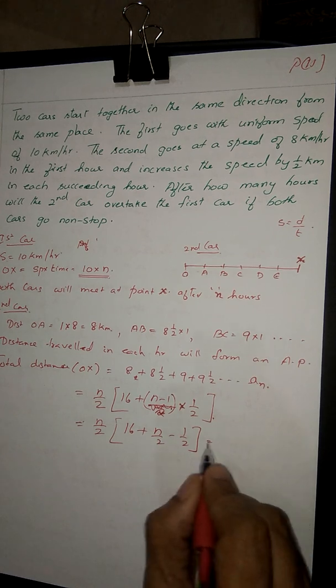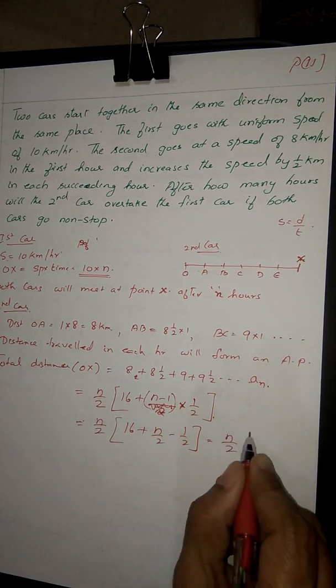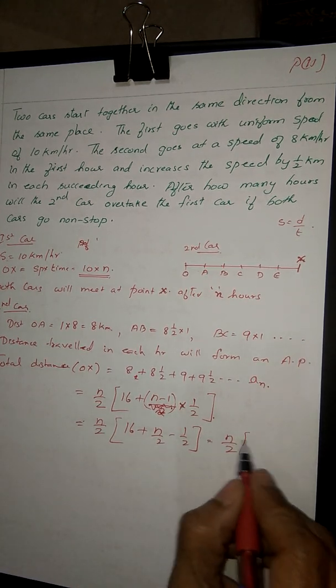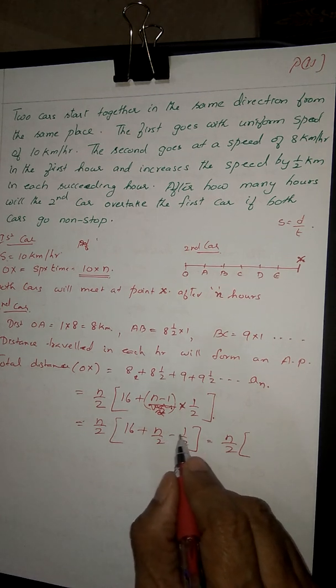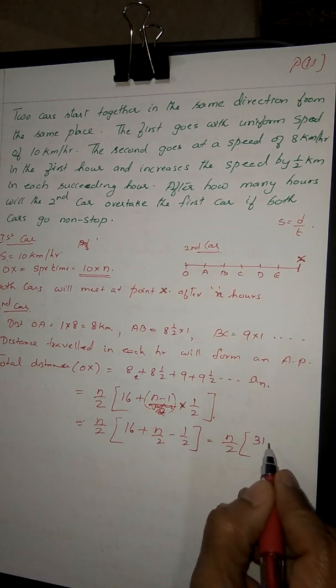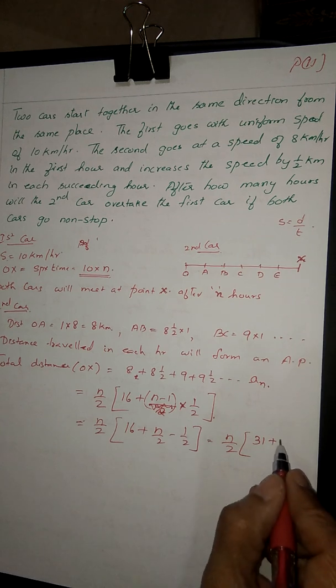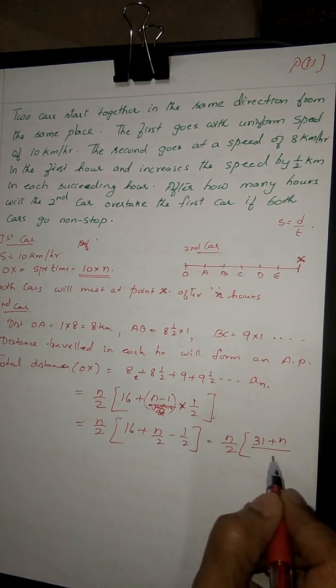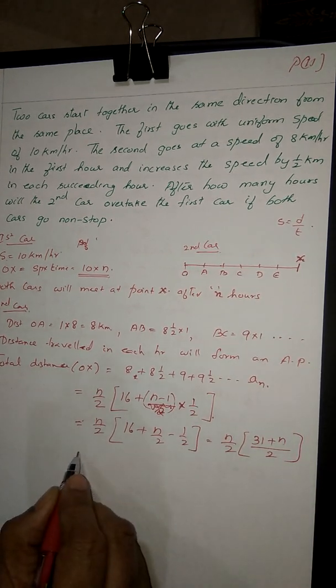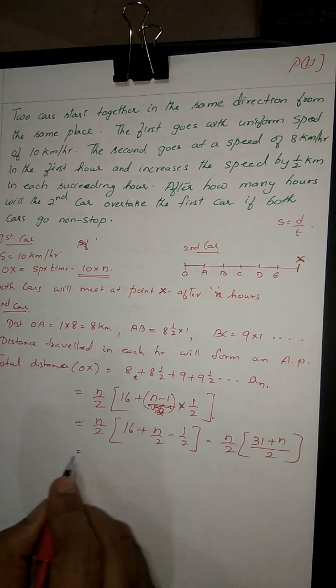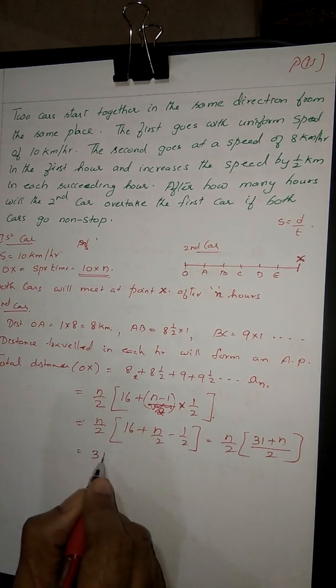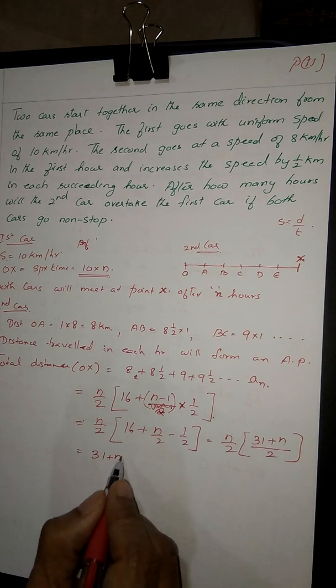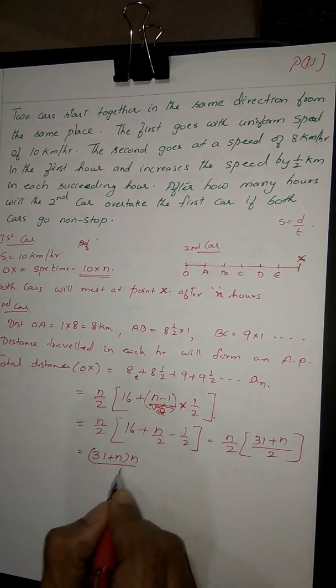Taking an LCM, 32 minus 1 is 31, plus n by 2. So this will become 31 plus n into n by 4.